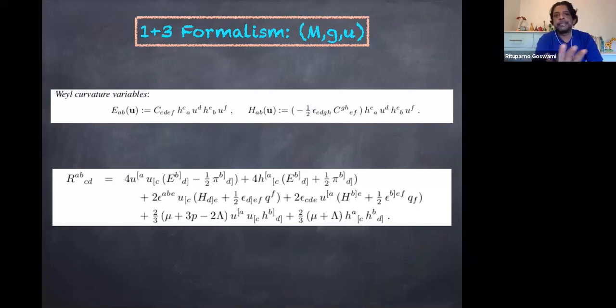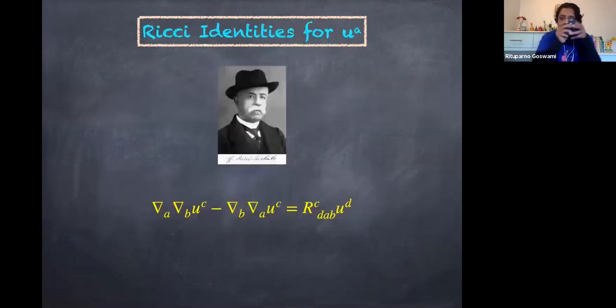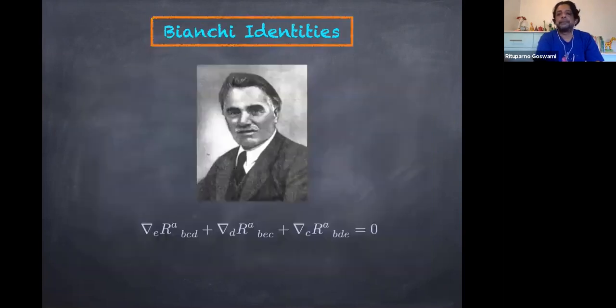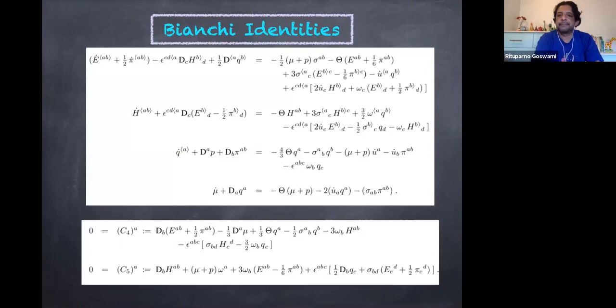So for example, we keep the Weyl curvature variables as they are, the electric part and the magnetic part. And when we write the full Riemann tensor, instead of writing the Ricci tensor, we use the matter part, mu, 3p, q, etc. So now we can use the usual Ricci identities, and we get a set of equations like this. We use the usual Bianchi identities doubly contracted, and we get a set of equations like this.